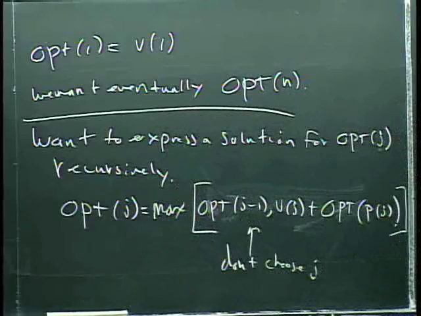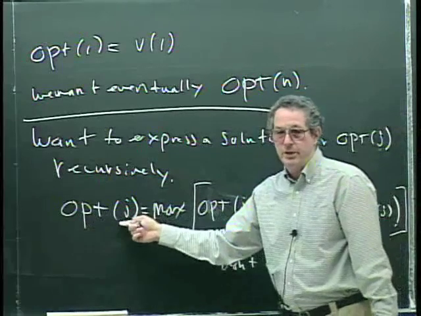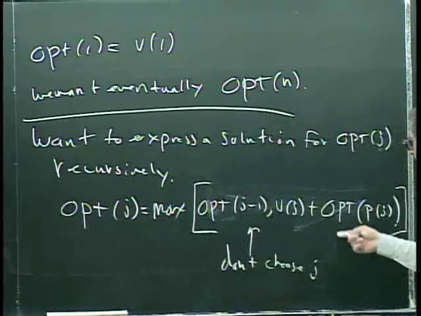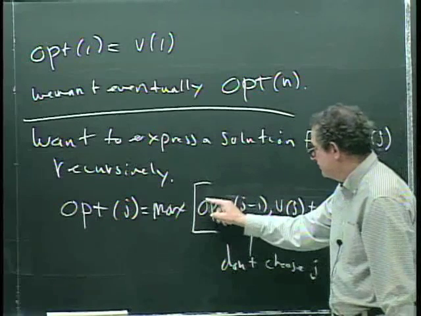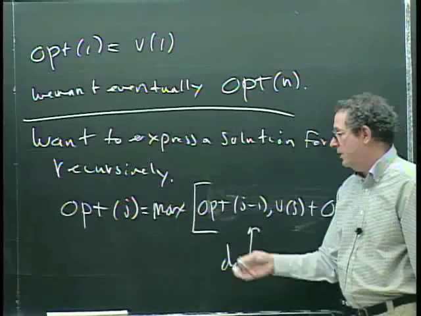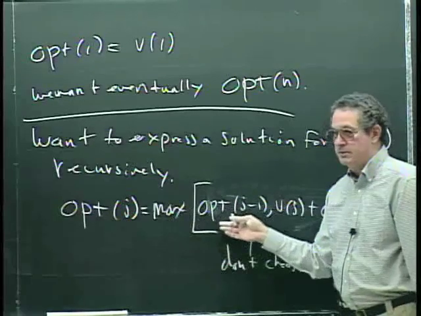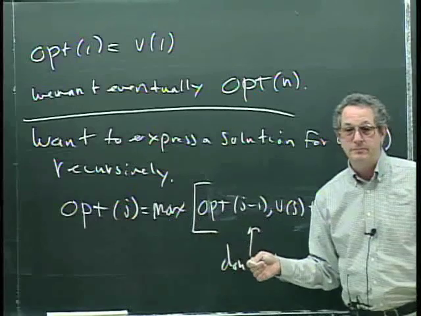So here we have a recurrence that tells you recursively what opt of j is. It's recursive because it's talking about opt of something else. So it's not, well, when we were solving recurrence relations, it wasn't in what we were calling a closed form. But here, at least it's telling you prescriptively and recursively how you could find it.